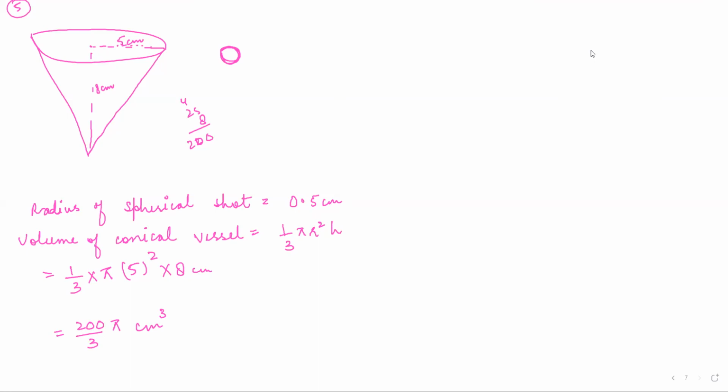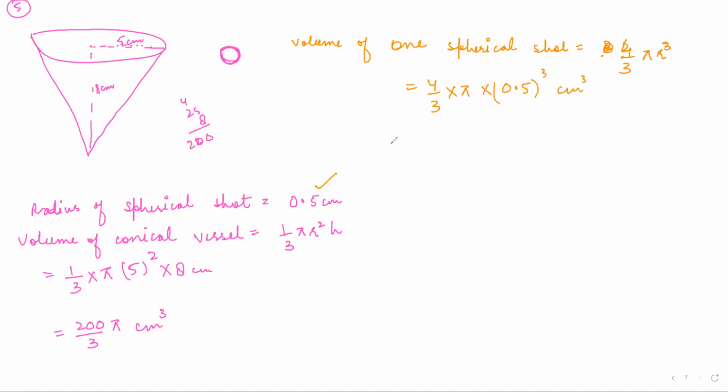So let us find the volume of one spherical shot. So how much is it? Sorry, it is 2 by 3 pi r cube. Clear, Amna? So that is, sorry, not 2, it is full sphere. So 4 by 3 into pi, and radius of sphere is this, 0.5 whole cube centimeter cube.